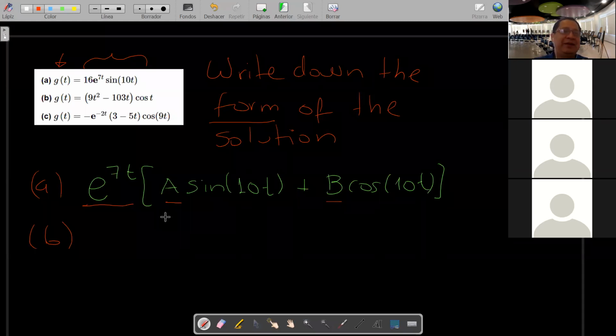So what do you think your guess will be? Teacher, wouldn't it be a t squared plus b t plus c times a cosine of t plus b cosine of t?